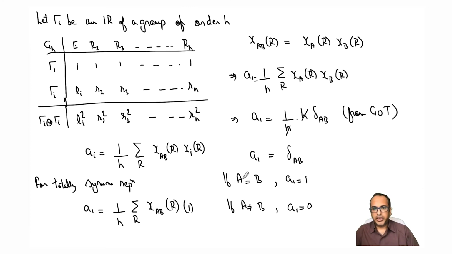In the direct product of an IR with itself, where A is equal to B, A1 is equal to 1. A1 means the totally symmetric representation will always come, and it will come only once. If the direct product is of two different IRs, then the totally symmetric representation will never come, right? So that is also easy to see.